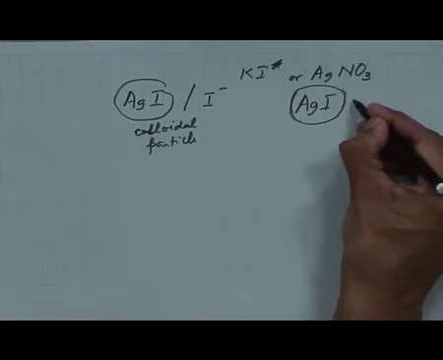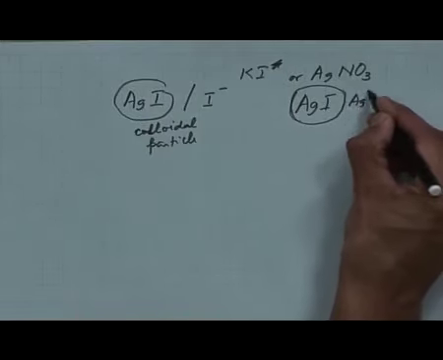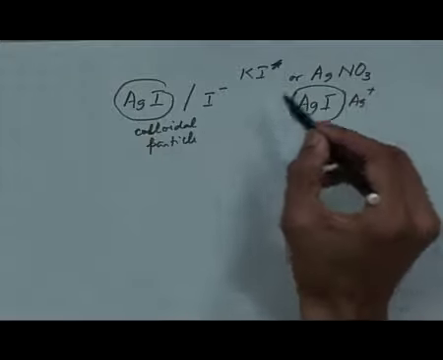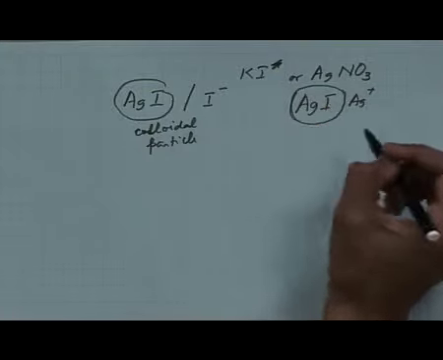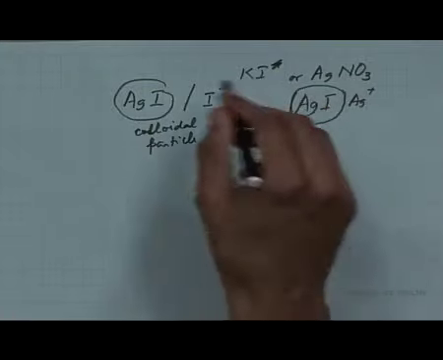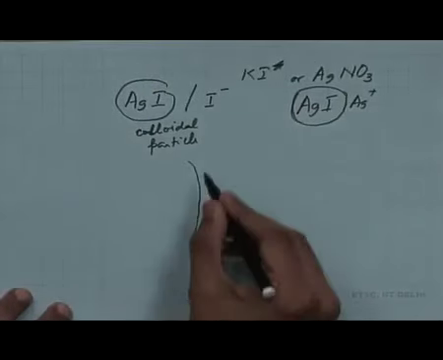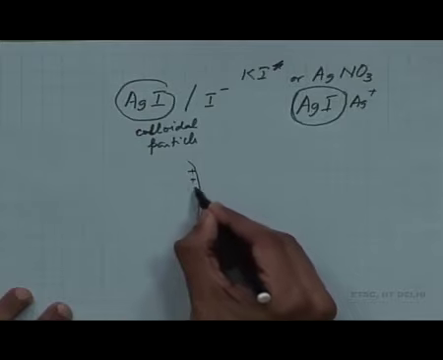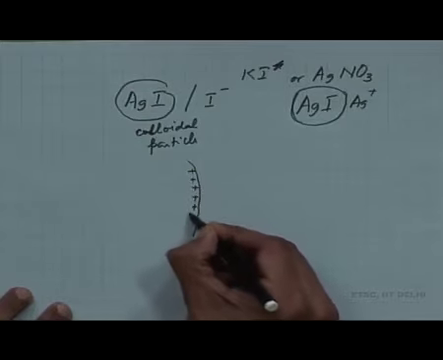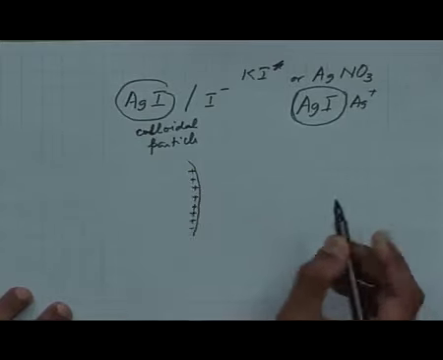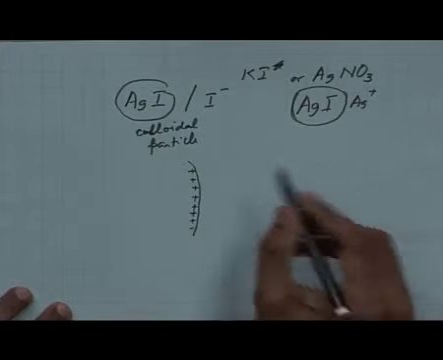You will be positively charged. So, depending upon whether you have a positively or the negatively charged species, if you looked at the surface of the colloid, you will either have positively charged particles or you have negatively charged particles.